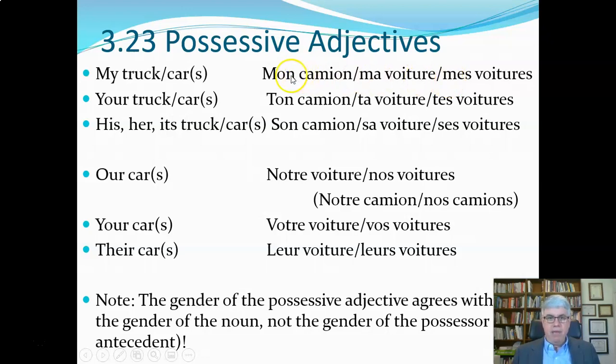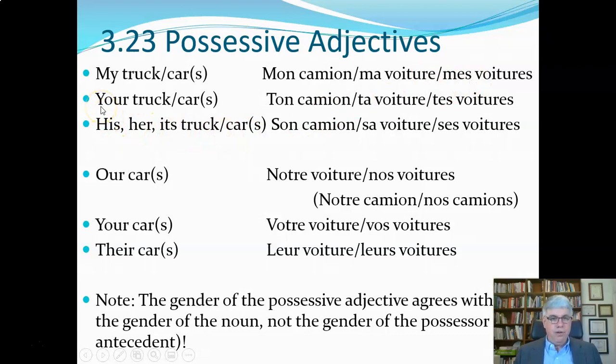So I've got to pay attention to what the gender of what I'm saying is. Now, I might be masculine, I might be feminine, but the adjective has to agree with the noun. It has to agree with the gender: camion is masculine, voiture is feminine. For the plural, we use the same one, mes.